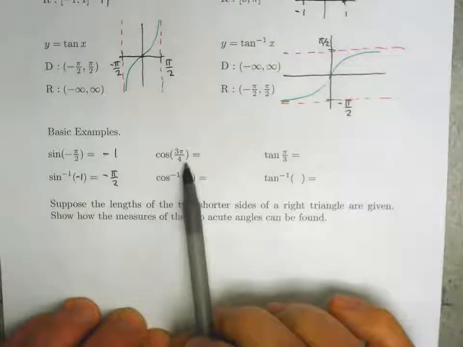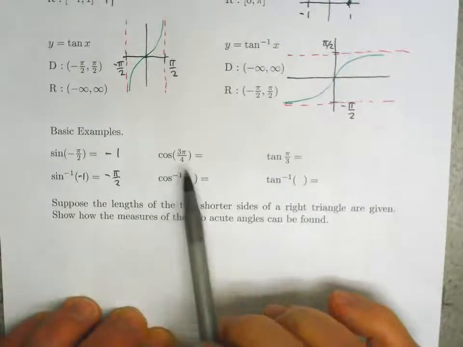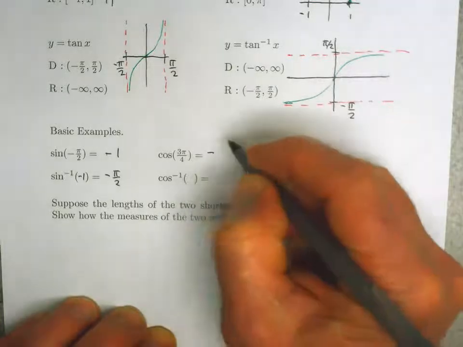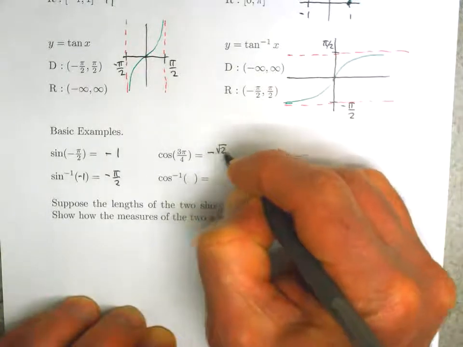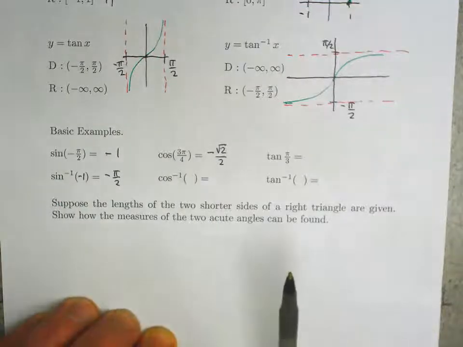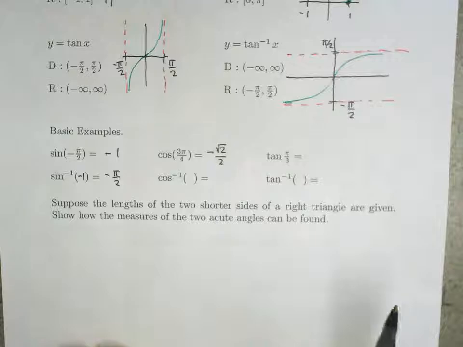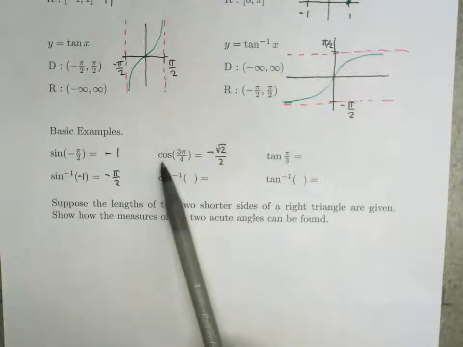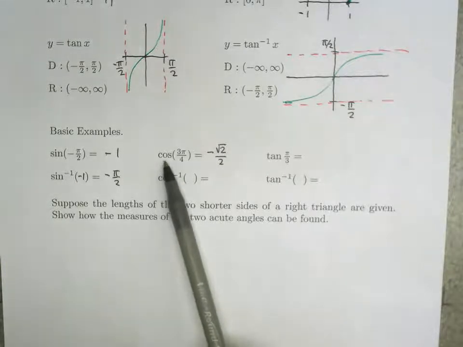Cosine of 3 pi over 4, that's equal to the negative of the square root of 2 over 2. 3 pi over 4 is in the second quadrant, and so cosine is negative in the second quadrant.